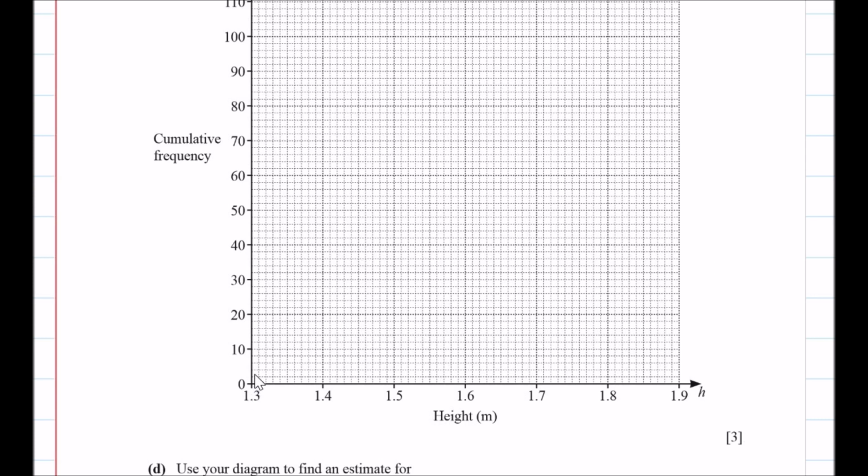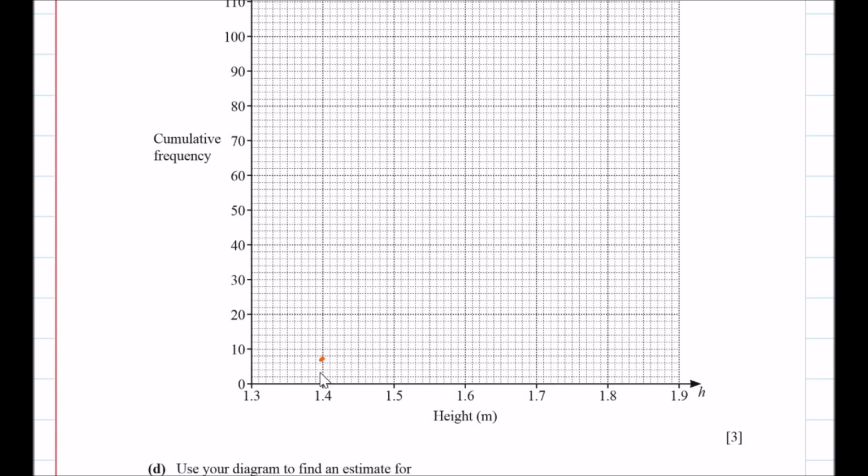Each division is 2. So you have to go to 7 against 1.4. Where will you go? 1, 2, 3, so between 3 and 4. So 7 is here.